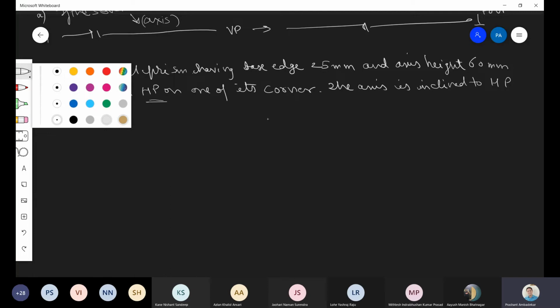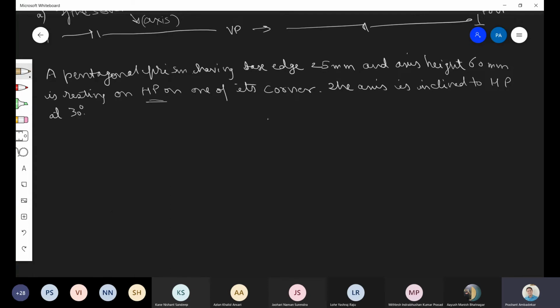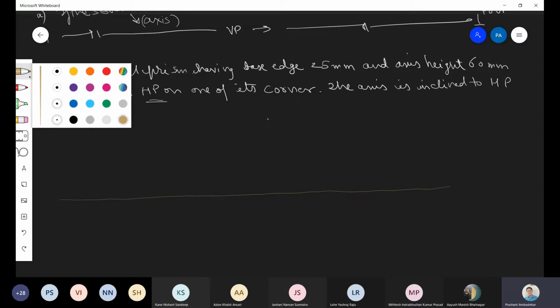You all can solve in your sketchbook or a rough book, whatever you are solving in. You can solve and then you can check what I am drawing here. So what I am doing is, initially I am drawing it like this.